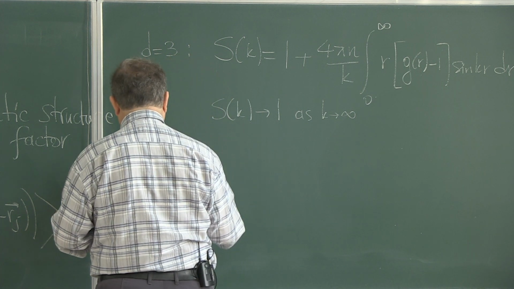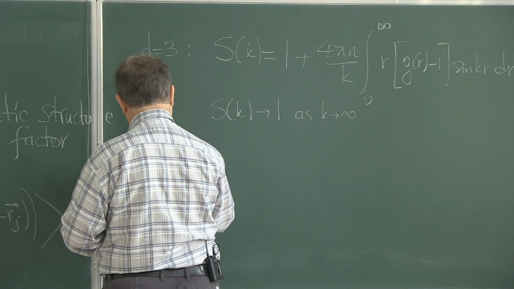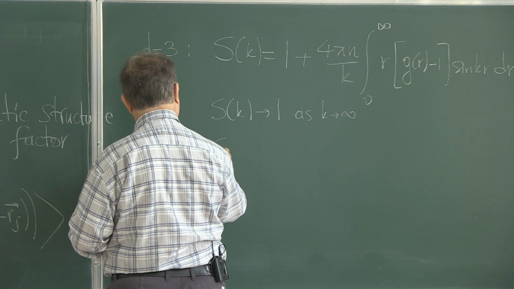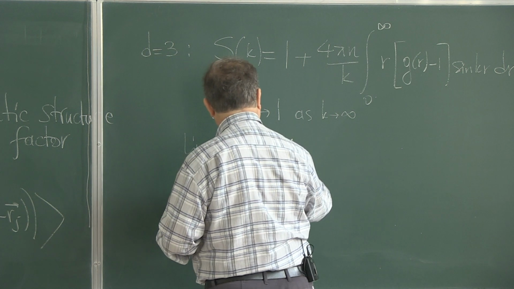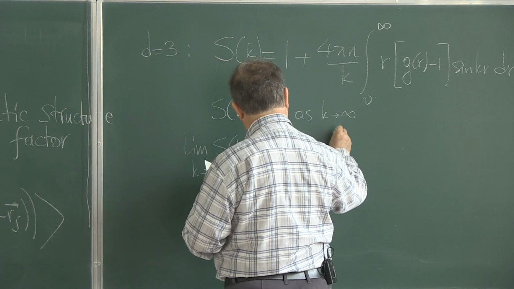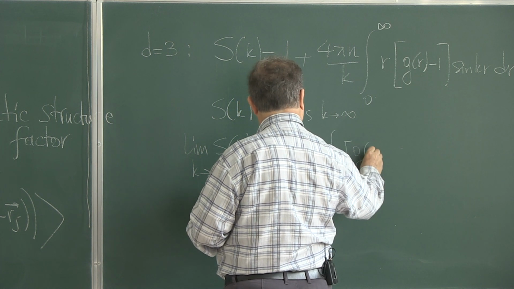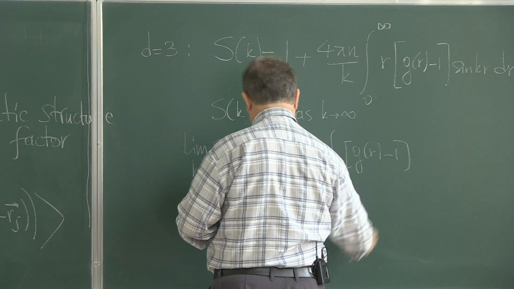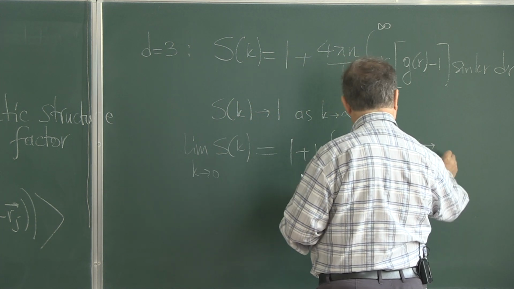Well, the limit k goes to 0 of S of k is interesting. It is 1 plus n times the integral of g of r minus 1 d cube r.